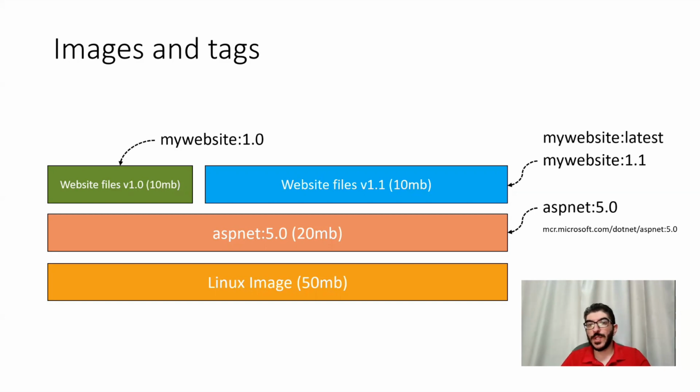So the same image here that has the 1.1 tag can have another tag called latest. And by convention, we know that this is the latest image. And also, when we tell Docker, please download my website, and I didn't specify a tag, it automatically tries to download the tag with the name latest.